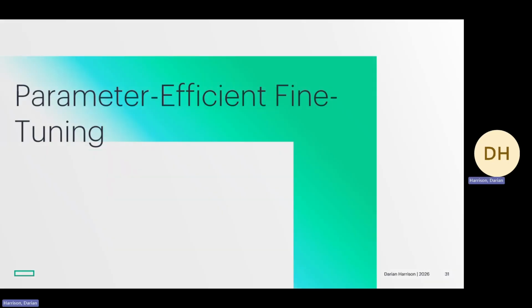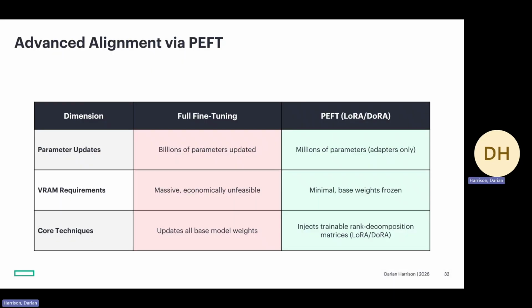Parameter efficient fine tuning. What's commonly done in organizations that don't necessarily need full training is something called fine tuning. Fine tuning means taking a base model and updating its weights. Maybe we downloaded some model from Hugging Face and we want to fine tune it with some additional, maybe proprietary, data.